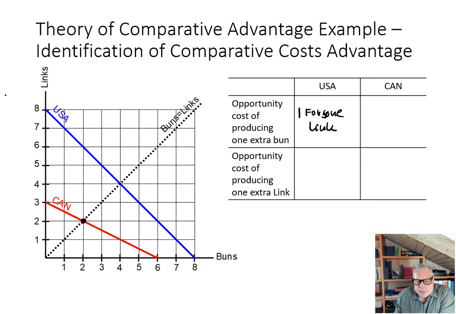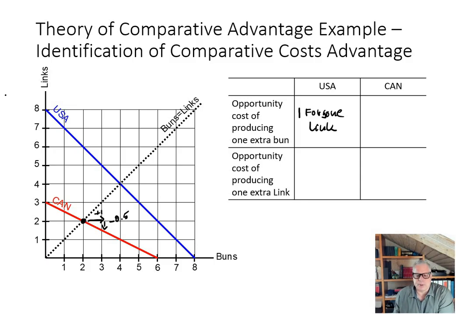And now Canada decides, for whatever reason, I want to produce 1 extra unit of bun. Plus 1. Well then, how many links does Canada have to give up? Well, the answer is only -0.5.